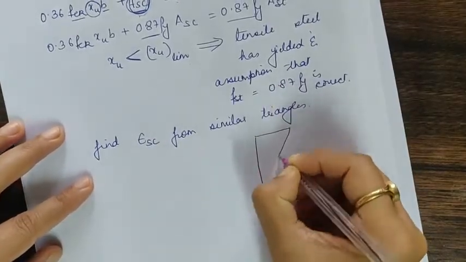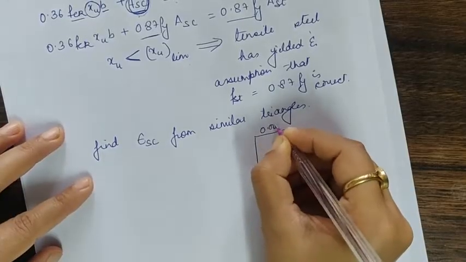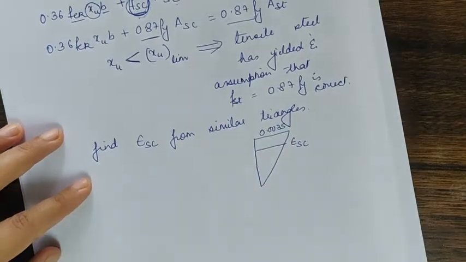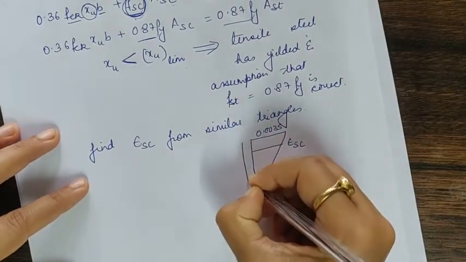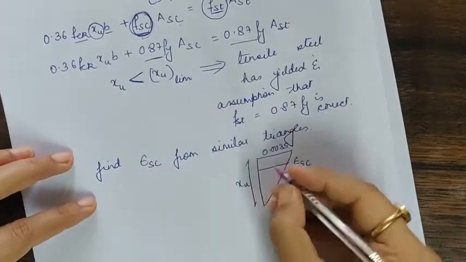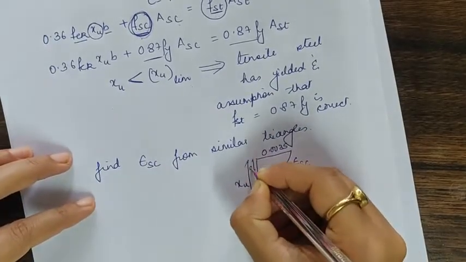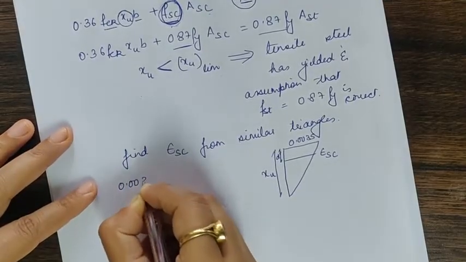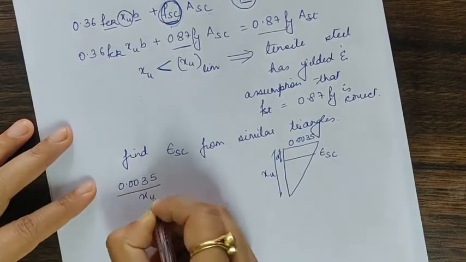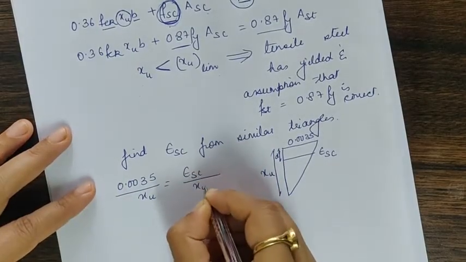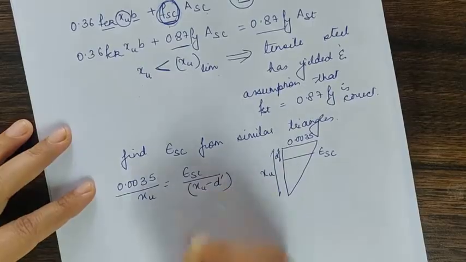I know that this is 0.0035. I do not know how much is epsilon SC. I know that this is XU, which I have already found out in this equation. I know that this one is D dash. So I can easily say 0.0035 upon XU is equal to epsilon SC upon XU minus D dash.